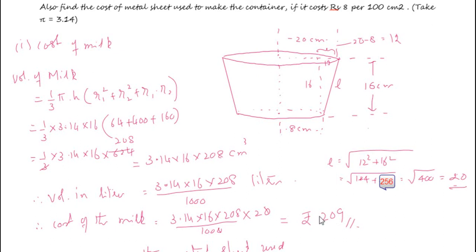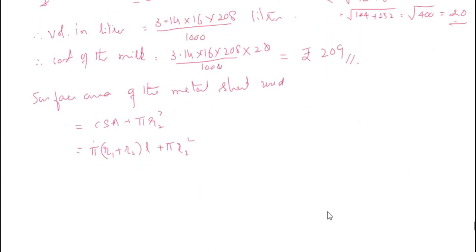Now we know L. Let us substitute L here. Pi we have taken as 3.14 into R1 plus R2, 20 plus 8, that is 28, into L. L we have found out now, that is 20, plus pi r2 square, pi is again 3.14, r2 square is 64.